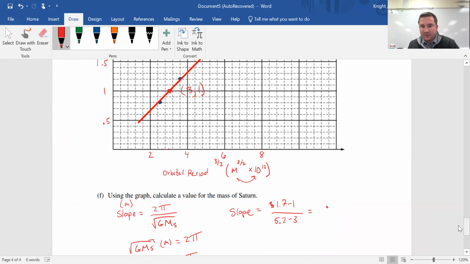That'll give me 0.7 divided by 2.2. Okay. What did I just do?